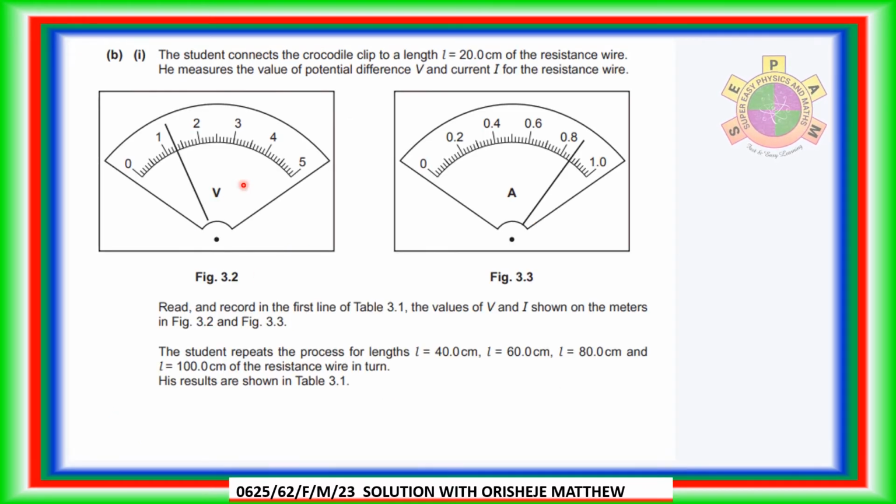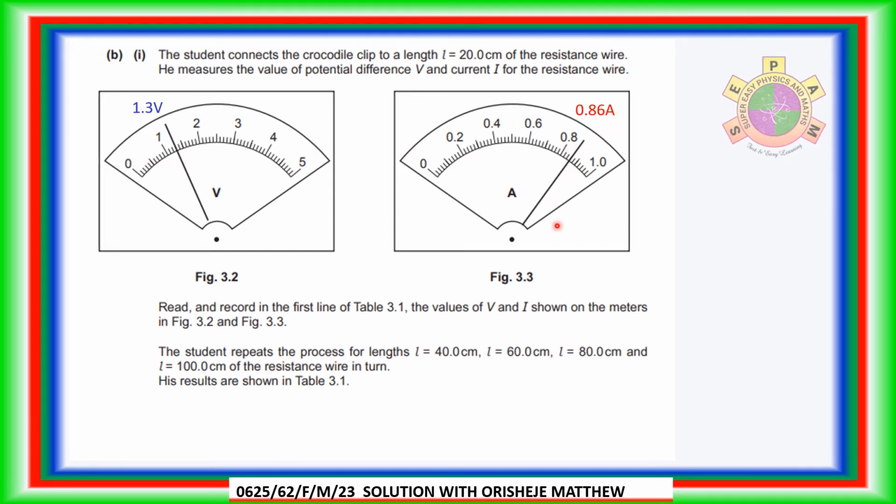Now the student connects the crocodile clip at 20 cm of the wire. He measures the value of the potential difference and the current. So this is the V, then A is the ammeter. The voltmeter reading is 1.3 volts, then the ammeter reading is 0.86 ampere.